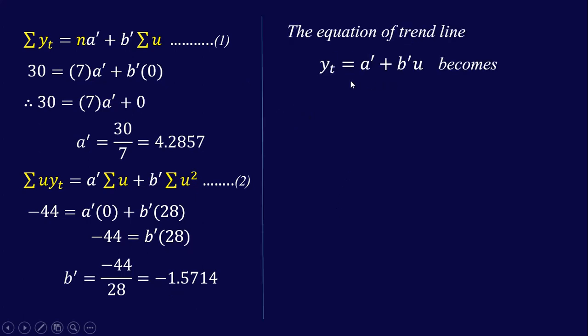The equation of the trend line yt is equal to a dash plus b dash u becomes... Now in this equation, if b dash is negative, the trend is downwards or decreasing. If b dash is positive, the trend is upwards. The trend is positive. So in this case b dash is negative, so the trend is negative or downwards.